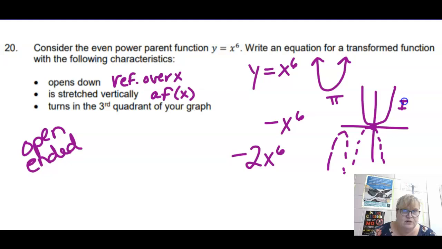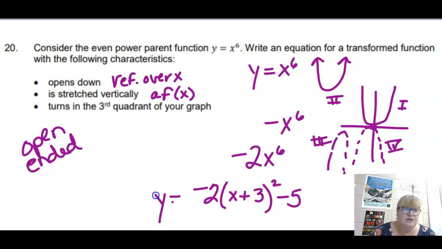Remember, the quadrants go 1, 2, 3, 4. So I need to shift it left and down. So I'm going to go left would be plus, and down would be minus. Now, that is not the only solution. I just put some numbers in there, and this was supposed to be a 6.